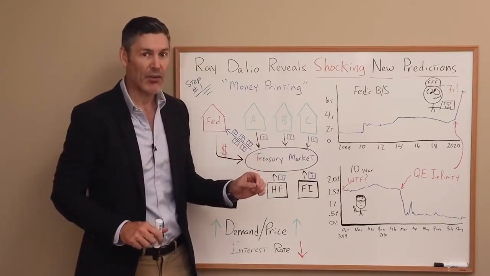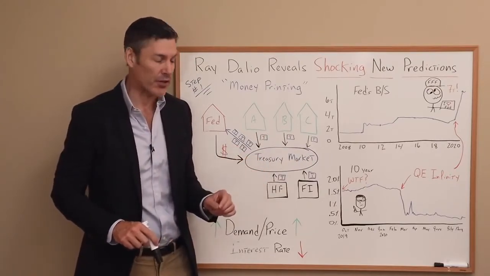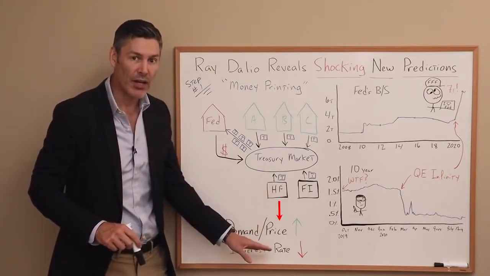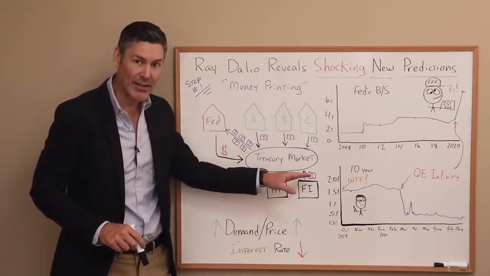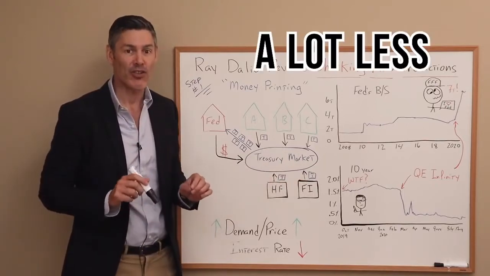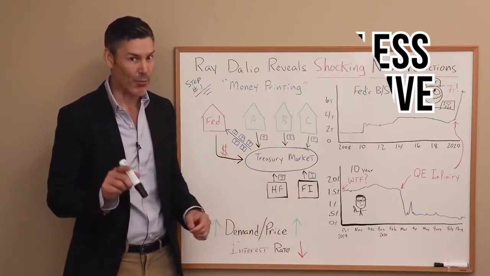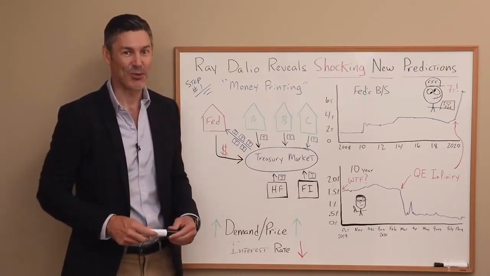And Ray believes that creates additional demand for those treasuries, which increases the price and lowers the interest rate, and it makes this asset class a lot less attractive relative to equities or gold. More on that in step number two.